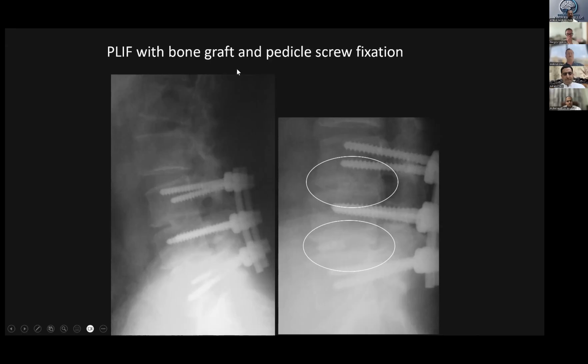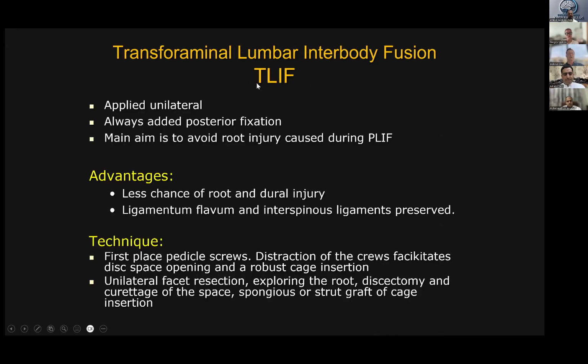PLIF with bone graft and pedicle screw is an option, but currently many surgeons prefer transforaminal lumbar interbody fusion by removing one-sided facet totally, and then by seeing both exiting and traversing roots and placing the cage in between the two roots.